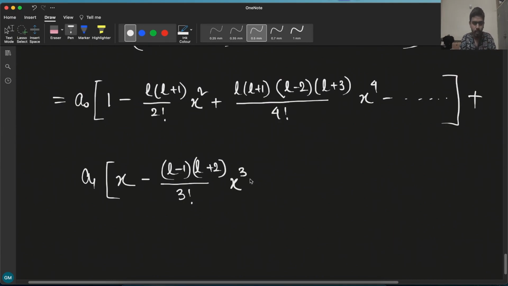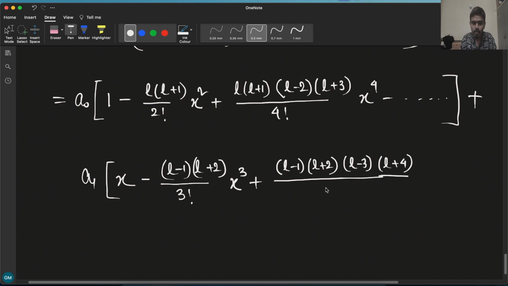Try to understand the pattern. Then alternately plus minus, and I will just follow the pattern and write the term L minus 1, L plus 2, L minus 3, L plus 4, divided by 5 factorial times x to the power 5, minus dot dot dot all the higher order terms.